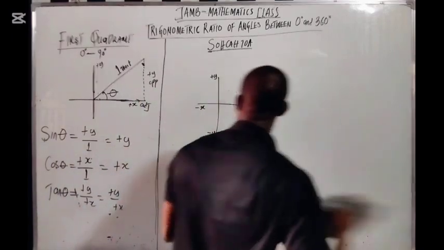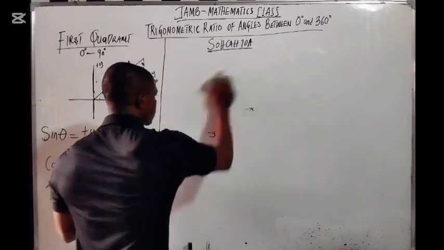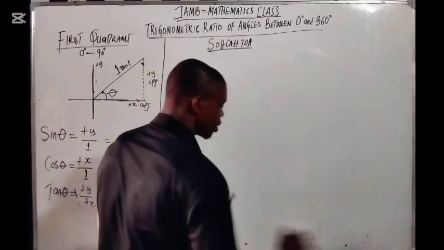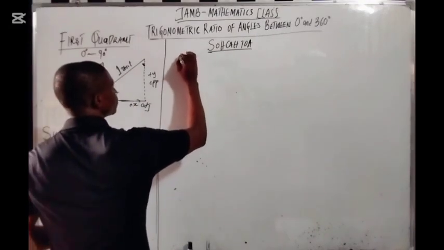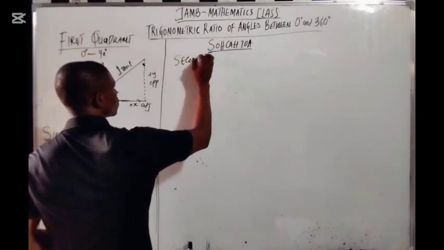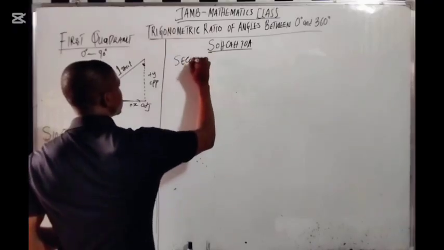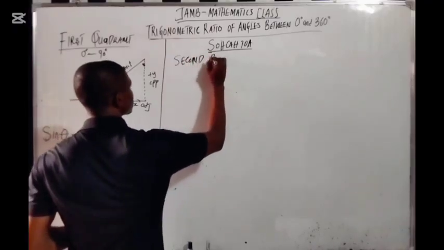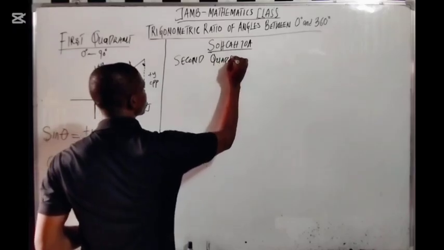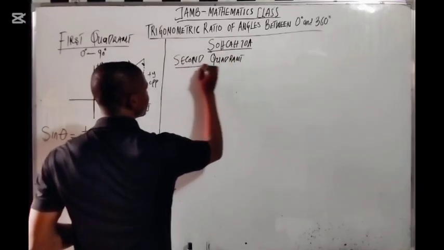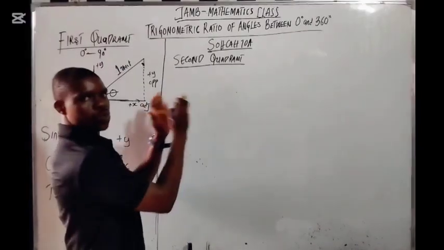Now let's move to the second quadrant. In the second quadrant, you're talking about between 90 and 180.